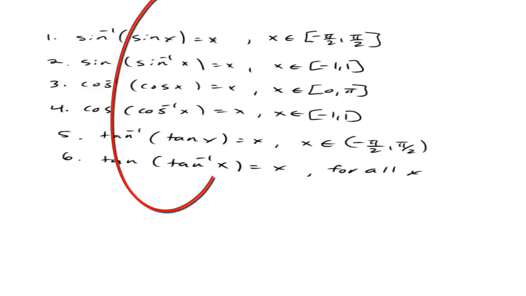If we look at the inner functions, starting with sine x, sine inverse x, cosine x, cosine inverse x, tangent x, tangent inverse x, all these inner functions have restrictions based off of their domains. So if you knew the domain and range of the original and the inverses, then you should be able to memorize these properties.